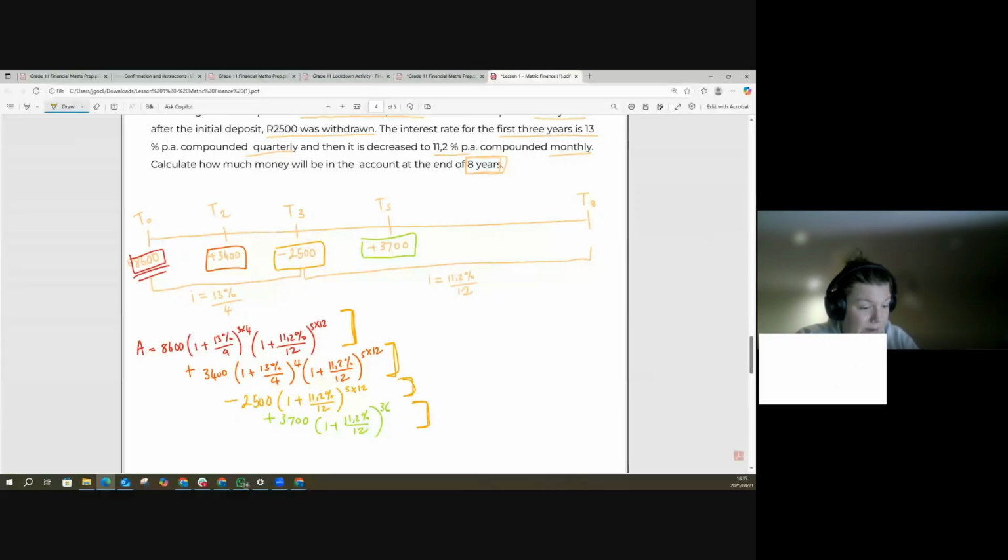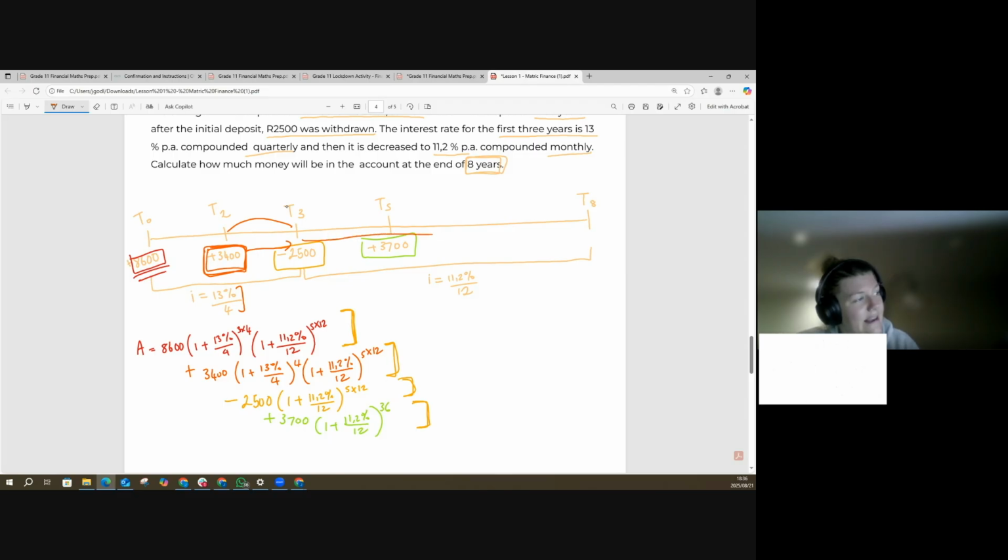So what's happening in the orange, let me put this down, is we are following this 3,400. We're following its journey. So for 1 year, it's at this interest rate. Okay, because that's from year 2 to year 3. So that's when it's at the first interest rate.